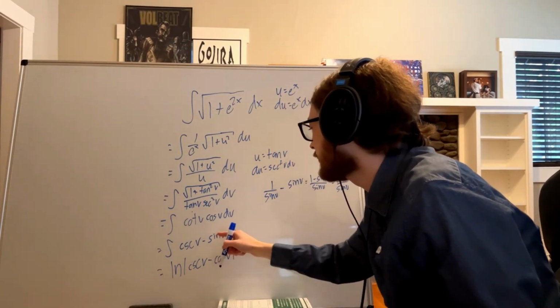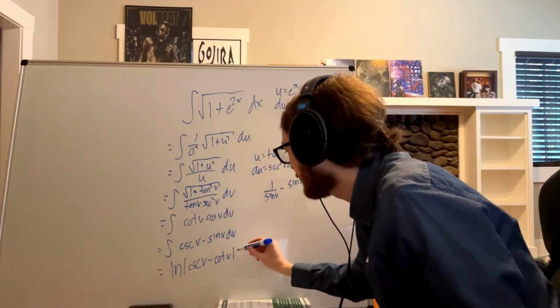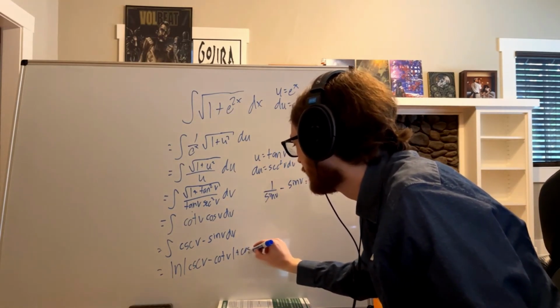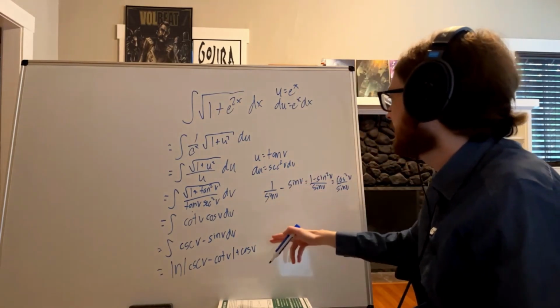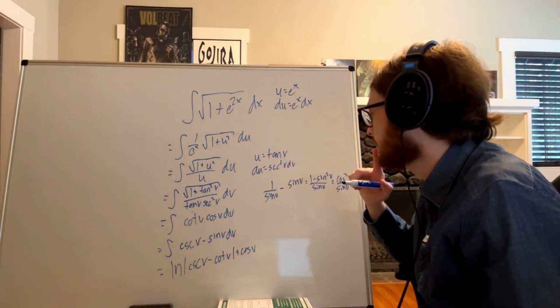And then minus sine v, when you integrate that, it integrates to minus cosine, minus to minus is positive, so we get plus cosine. And then v is inverse tangent of u.